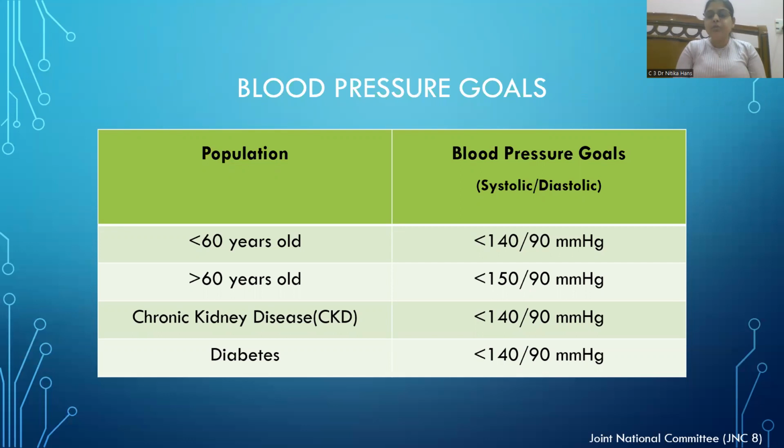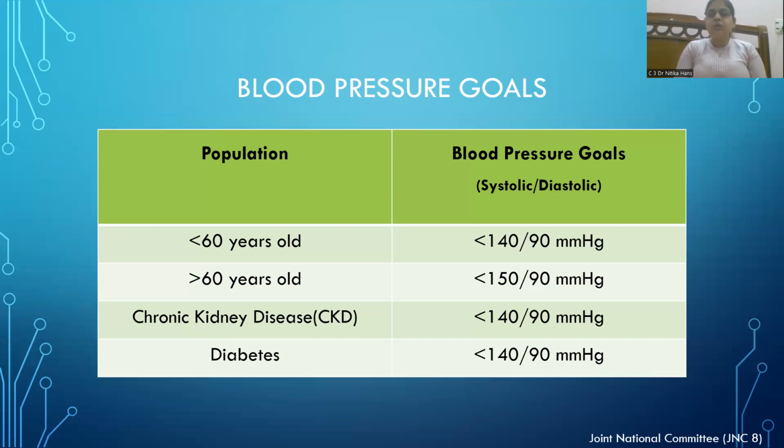And for older patients, if the patient is greater than 60 years, then the blood pressure should be less than 150 by 90.